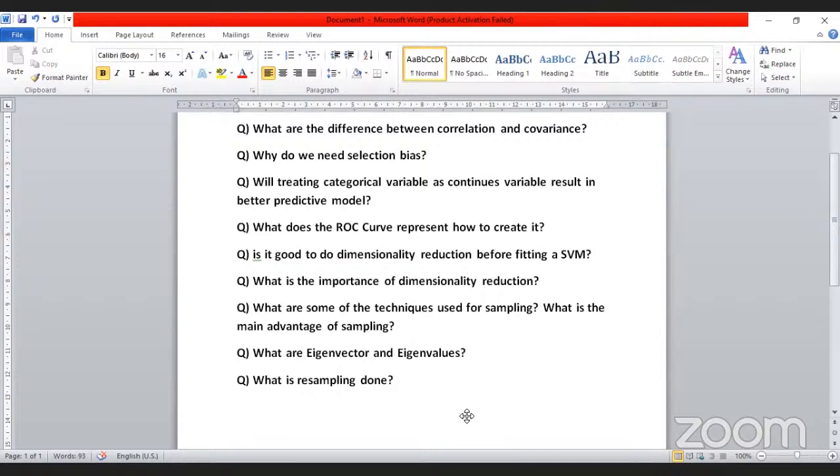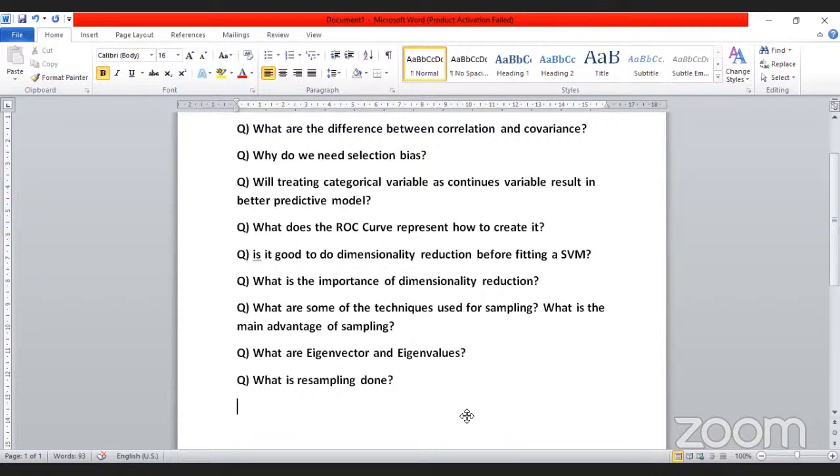So resampling is the methodology used to sample data for improving the accuracy of our model. It is done to ensure the model is good enough by training the model on the different patterns of the data set, to ensure it is handling variation.